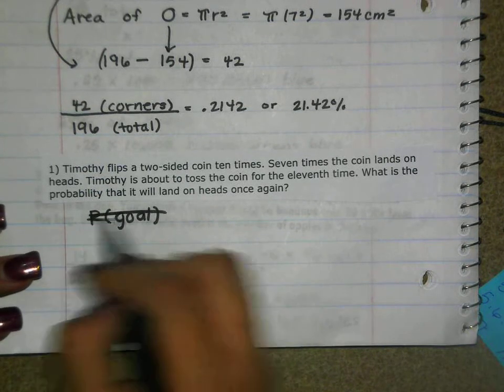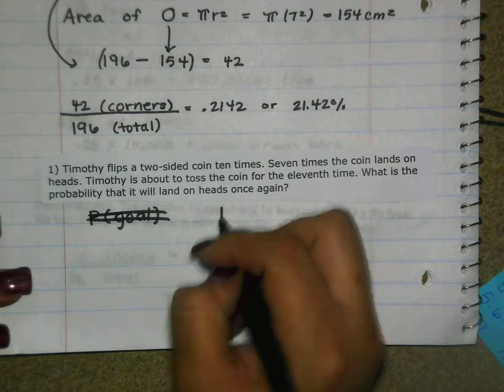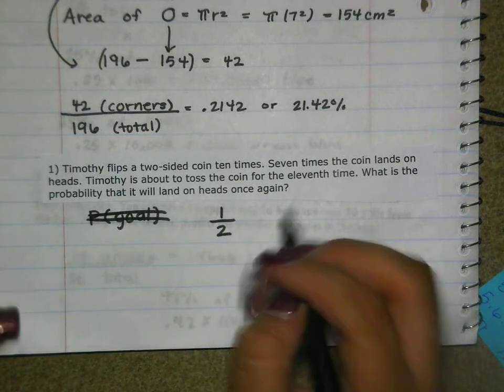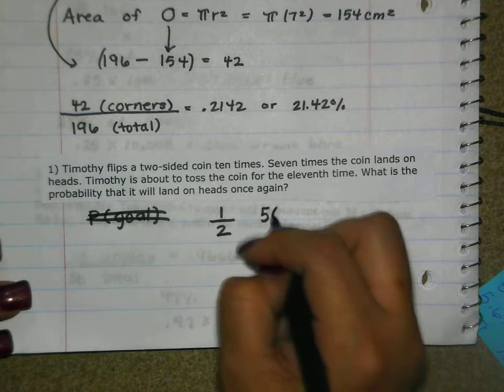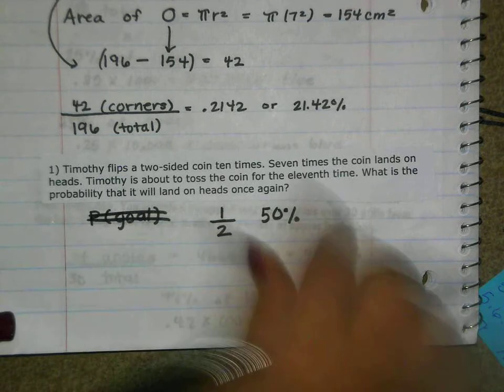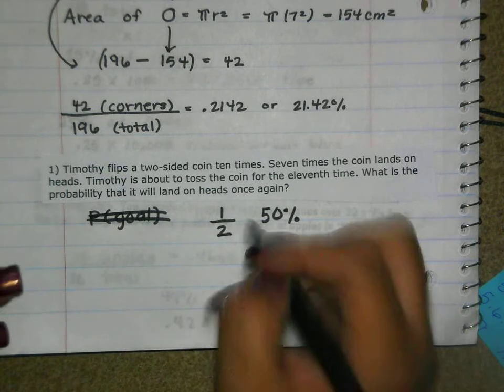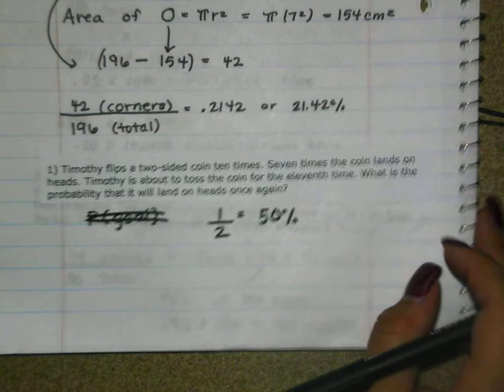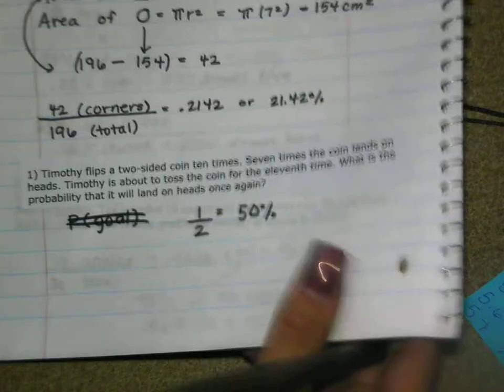It's either going to be heads or tails, 1 out of 2. So this would still be a 50% outcome because this does not rely on how many times that we have tossed, right? No matter how many times, the probability is still going to be 1 out of 2 that it's going to toss a head or a tail. That doesn't change the probability for this one.